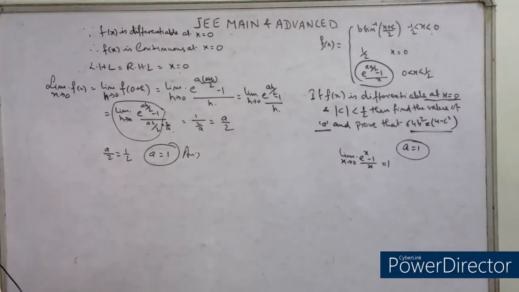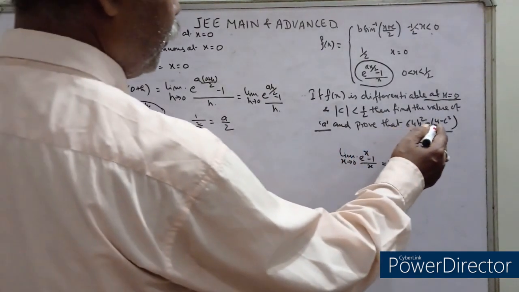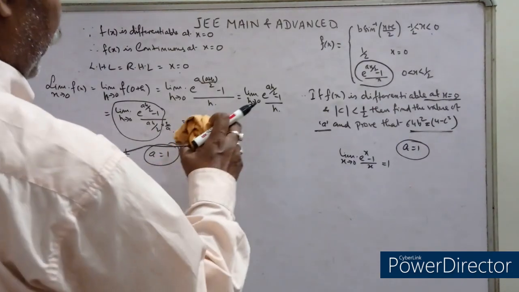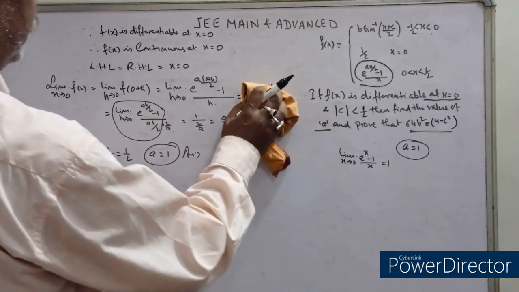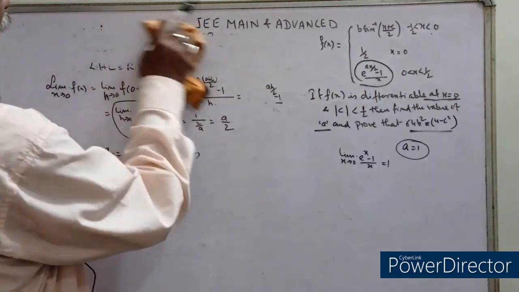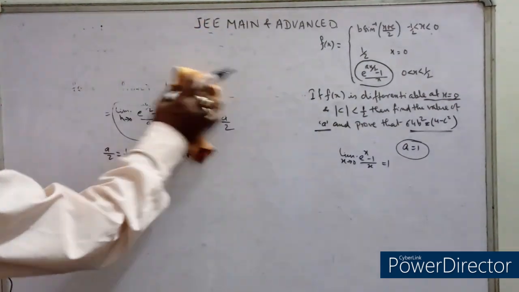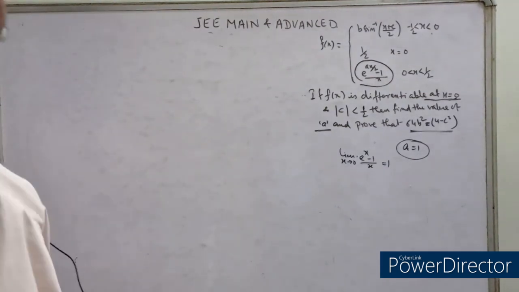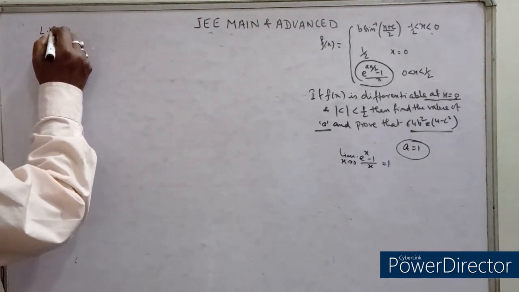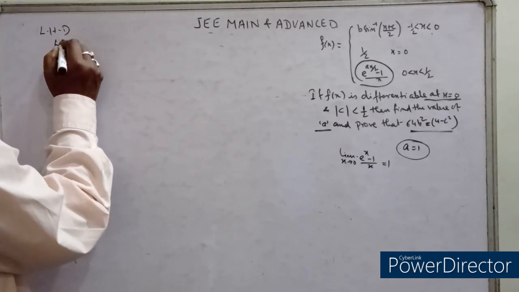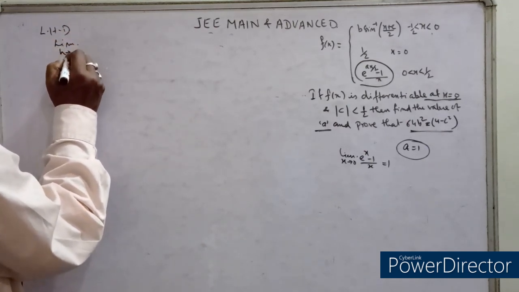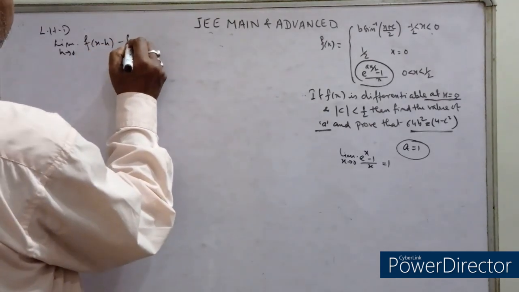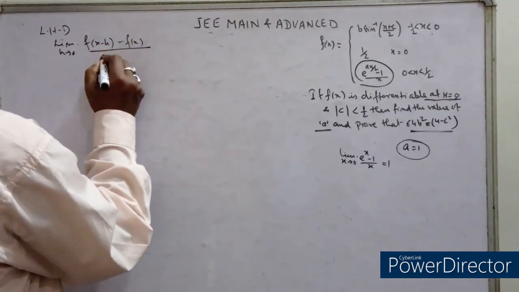Now we have to prove that 64b square is equal to 4 minus c square. To do this I am going to take the help of left hand derivative equal to right hand derivative. Your left hand derivative is the limit as h tends to 0 of (f(x minus h) minus f(x)) by minus h.